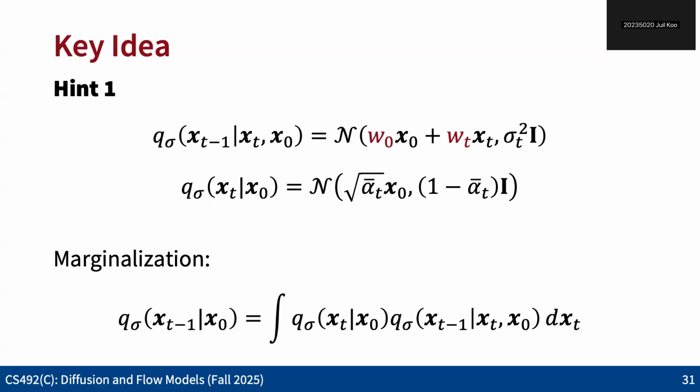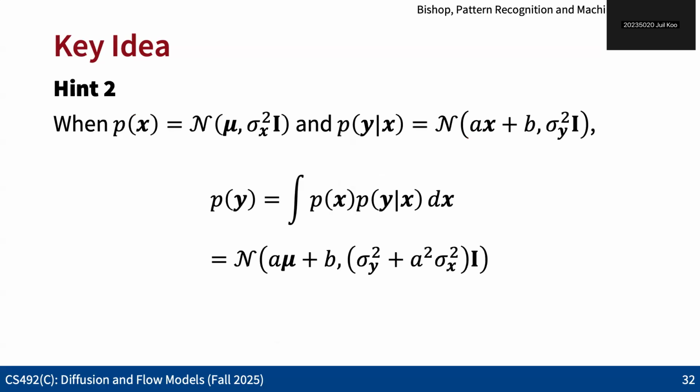And one more thing that we have seen last time was this, without proof, because of some details. When you have a prior distribution and a likelihood distribution that are both defined as Gaussian distributions like this, we have seen that the marginal distribution also becomes another Gaussian distribution like this.